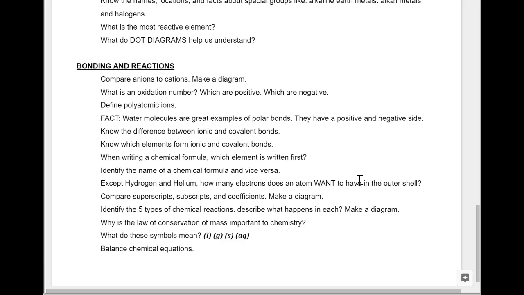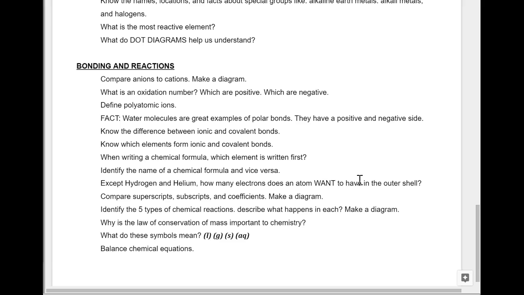Identify the name of a chemical formula and vice versa. So if I show you a chemical formula, you should be able to name it. This is from chapter 18. Go back and look at the notes that we did. We kind of built some little diagrams so you could do that or review what it says in chapter 18. And then you should be able to go from a chemical name to a chemical formula.